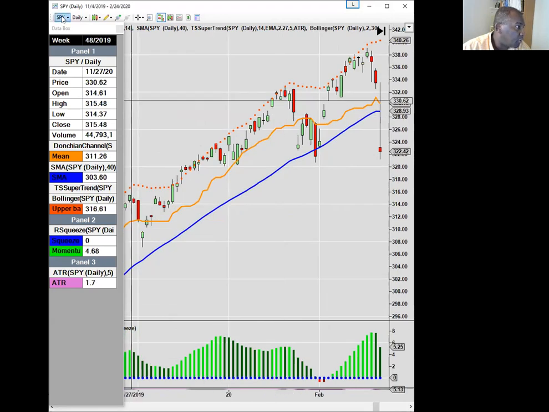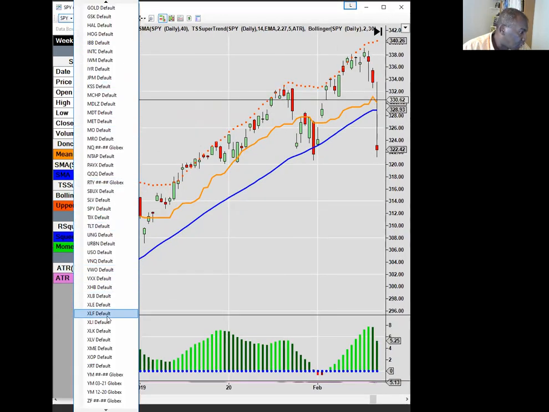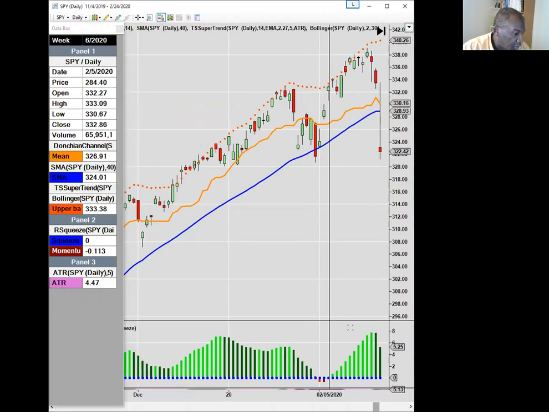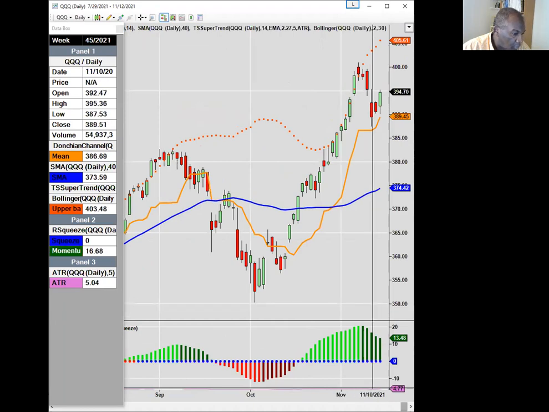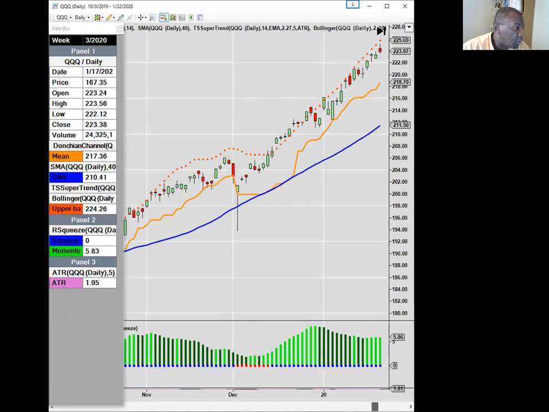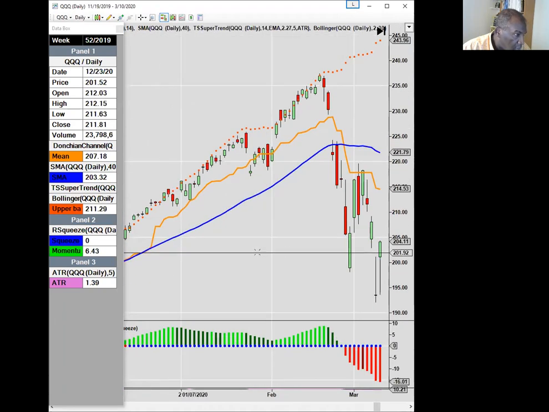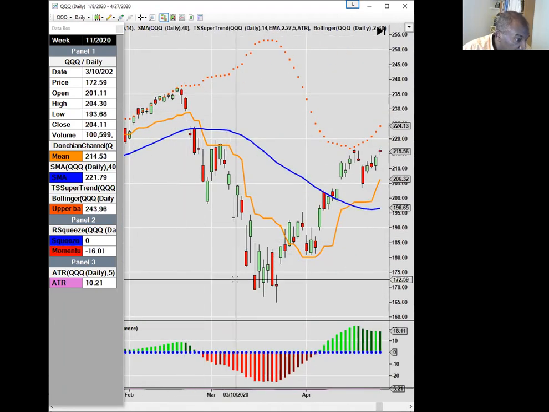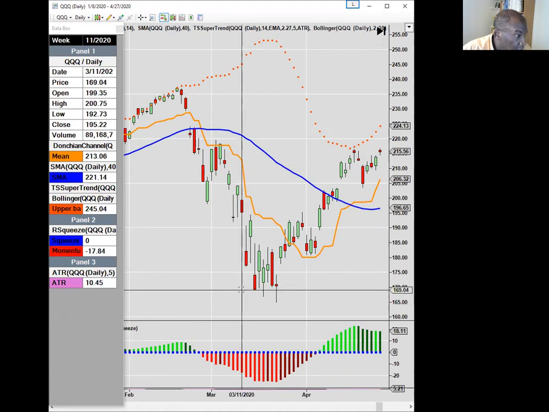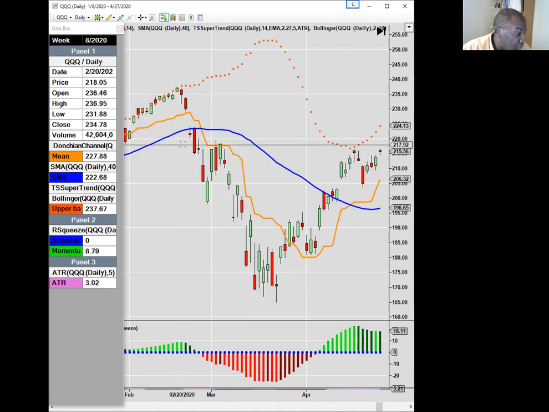I'll pull up the Qs, the NASDAQ. This is the NASDAQ going from 235 down to 170. That's a massive, massive drop. We got our sell signals all through here.